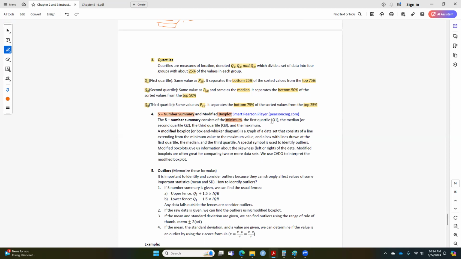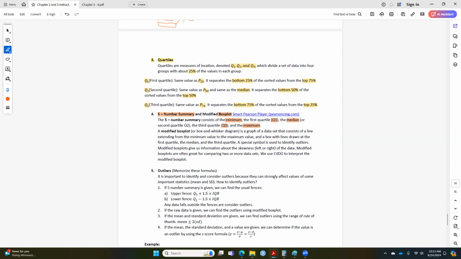Minimum is the first number. First quartile, Q1, is the second number. Median is the third number. Q3, the third quartile, is the 4th number, and max is the 5th number. So it'll be minimum, Q1, median, Q3, and maximum. This is your 5-number summary.